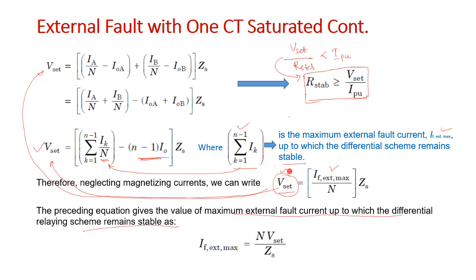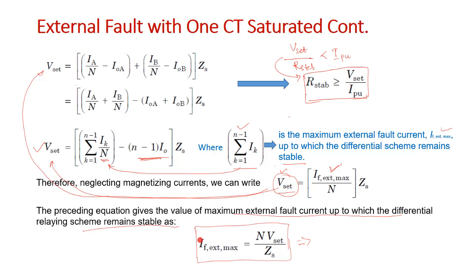And after finding V set, if we just neglect the magnetization current in that formulation by substituting the external maximum fault current, then from this equation we can find the equation for maximum external fault current, for which the relay in fact remains stable, right.